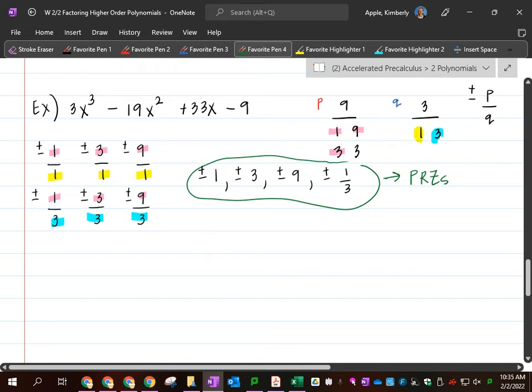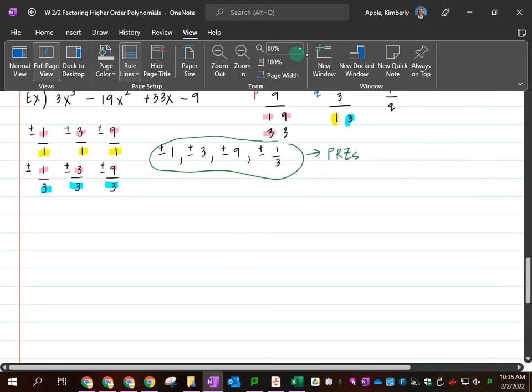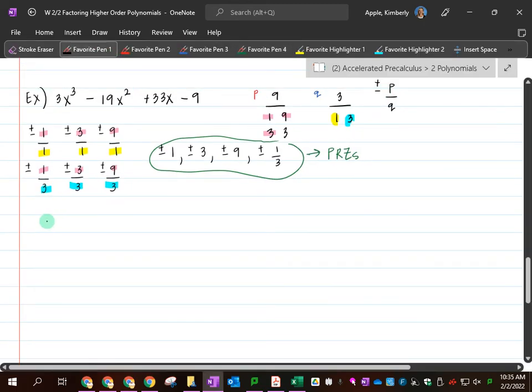Let's try positive 1 and see if it works. This will be 3, negative 19, positive 33, and negative 9. 3 times 1 is 3.